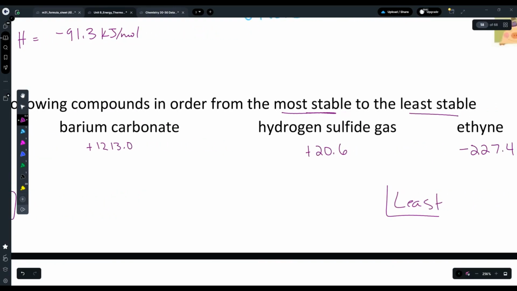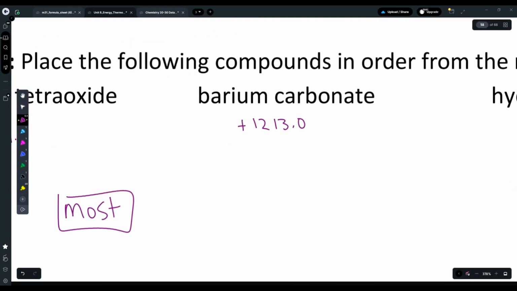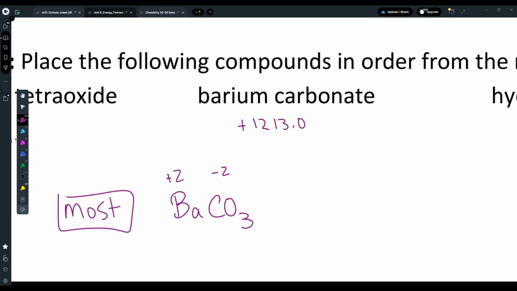I'm going to put boxes around these just to make it a little bit easier. Okay, so barium, actually, you know what, I'm not going to write it out. I'm just going to do the formula. Carbonate, so carbonate likes to have a 2- charge. Barium's 2+, so that's already balanced.